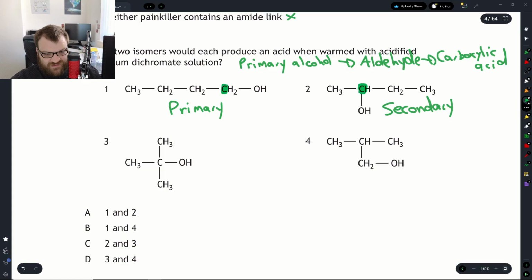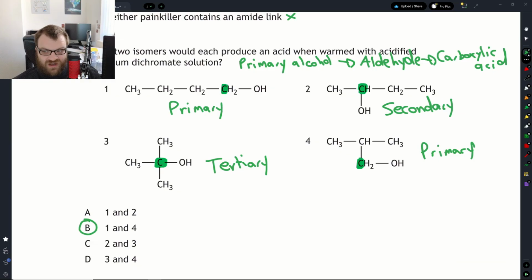On to the next one. Here we've got 3 carbons attached to that one, making that a tertiary alcohol. Last one, focusing on this carbon connected to the OH group, which again will give us a primary alcohol. Therefore, 1 and 4 would turn into carboxylic acids when you react them with oxidizing agents.